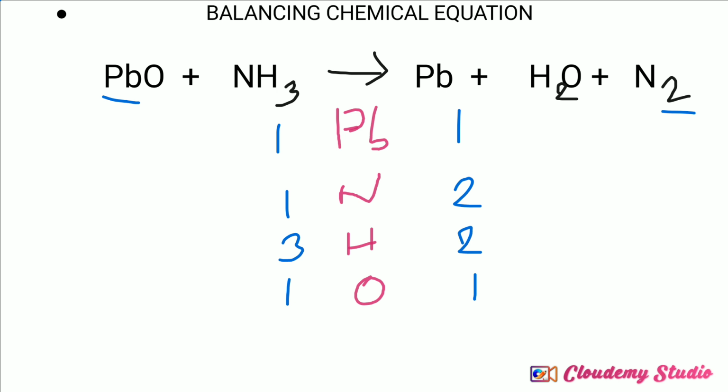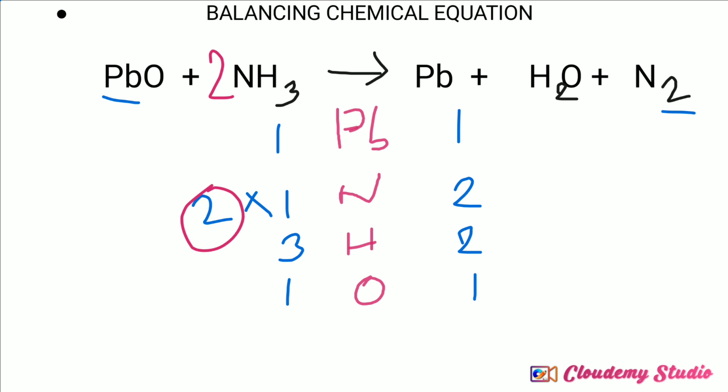So what we can do, this 1 atom can be multiplied by 2. This 2 we need to write as a coefficient of nitrogen. This nitrogen is present in ammonia. Therefore, this 2 has to be written as a coefficient of ammonia.